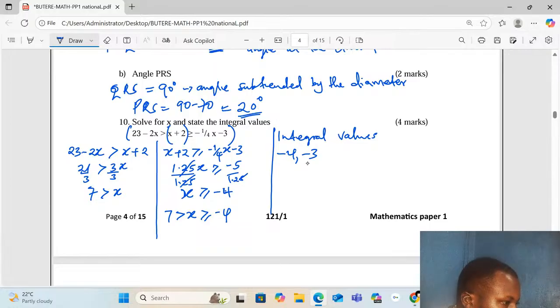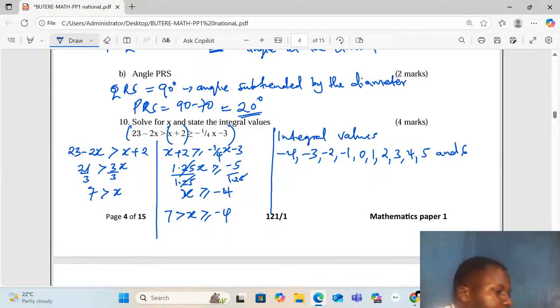then negative 2, then negative 1, then 0, 1, 2, 3, 4, 5, and 6. Remember, 7 is not included because there is no equal sign.